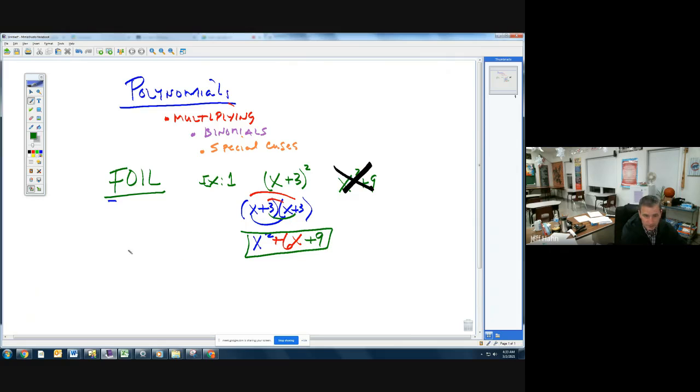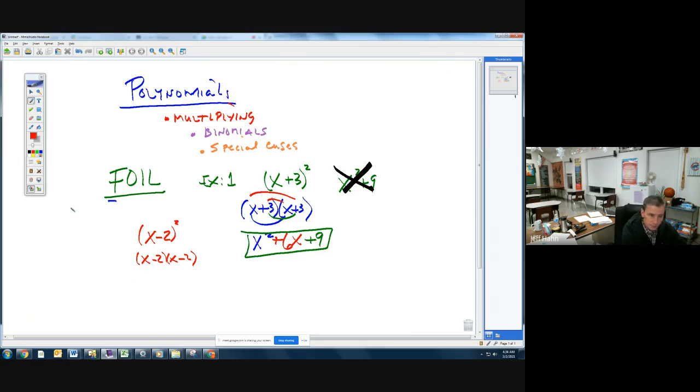And while we're at it, we might as well do one that has a minus sign for the middle. What if it's x minus 2 squared? Again, the answer to that is not going to be x squared plus 4. You actually have to do this out as x minus 2 times x minus 2.